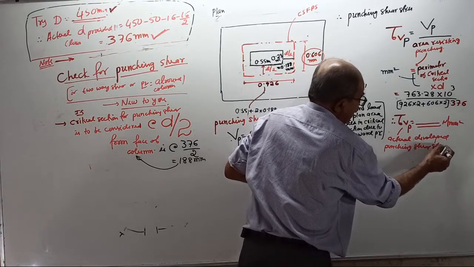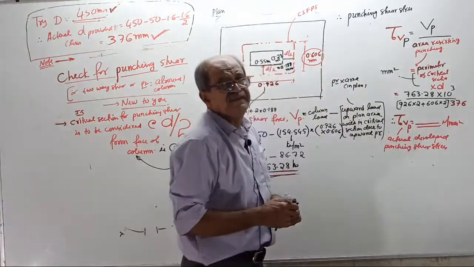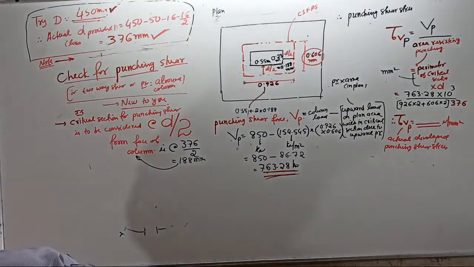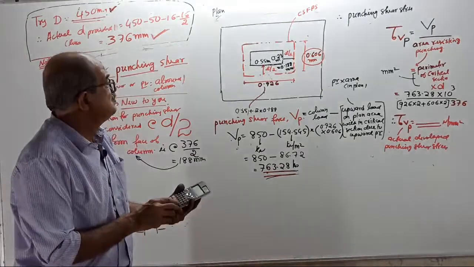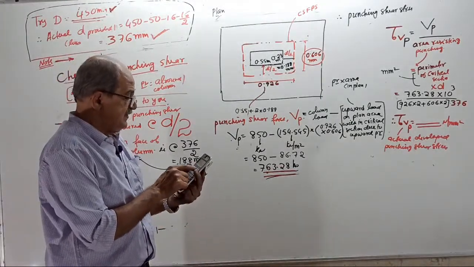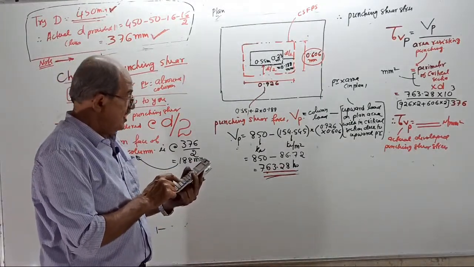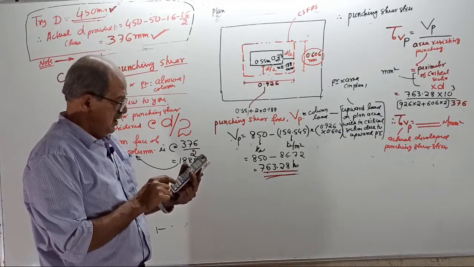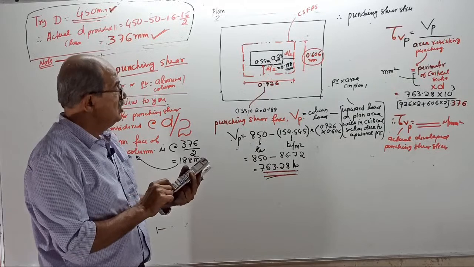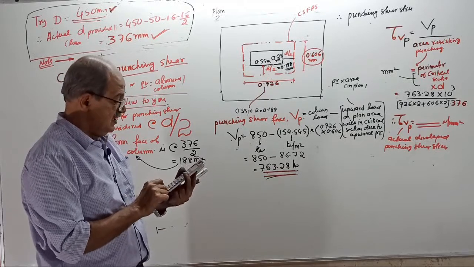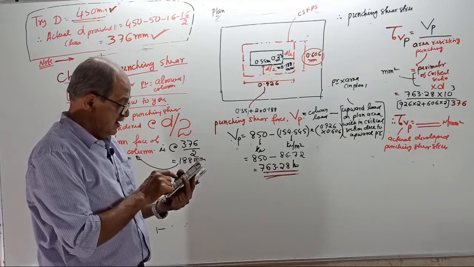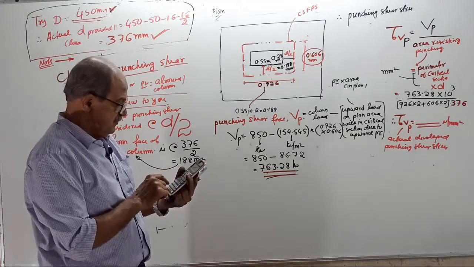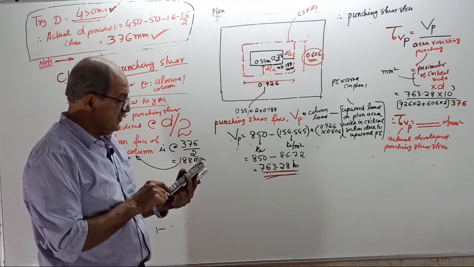I am rubbing the full board because then you have to redesign. Answer. It is 926 into 2 plus 926 into 2 plus 606 into 2, into 376, reciprocal, into 763.28 times 10 to the power 3.